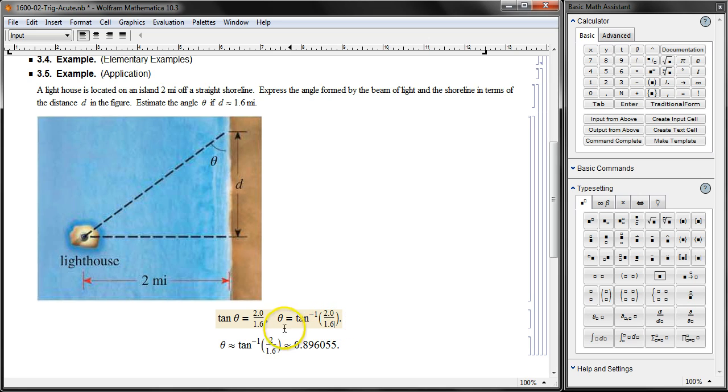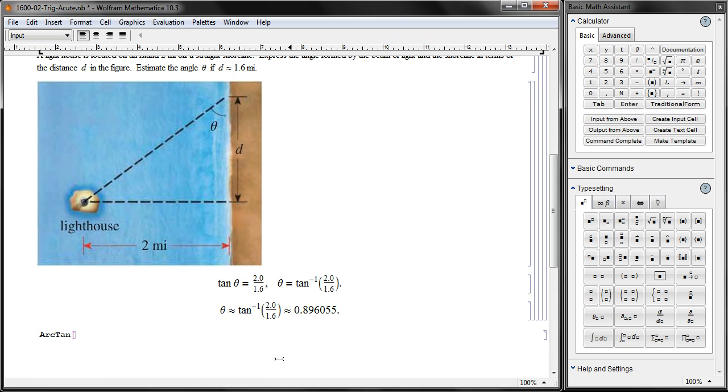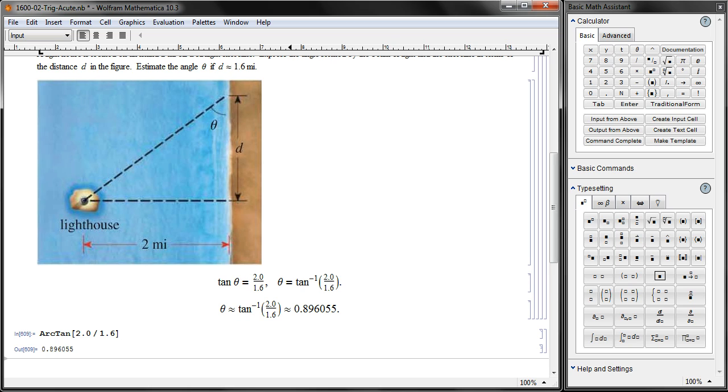So arctangent of 2.0 over 1.6, and run your calculator, and this is what you get, 0.896 something in terms of radian measure. Let me check. 2.0 over 1.6. Yes, this is radian measure.